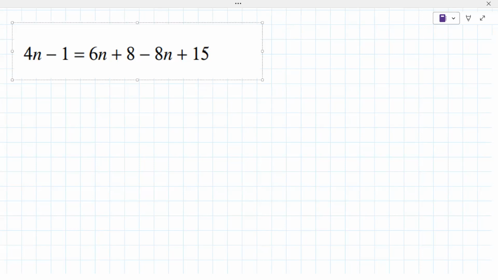Where's my calculator? 6 times negative 4 minus 8 times negative 8.